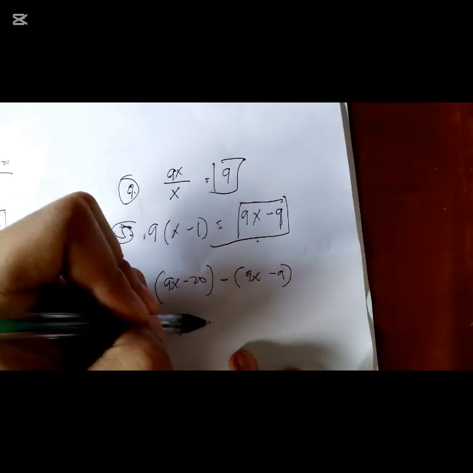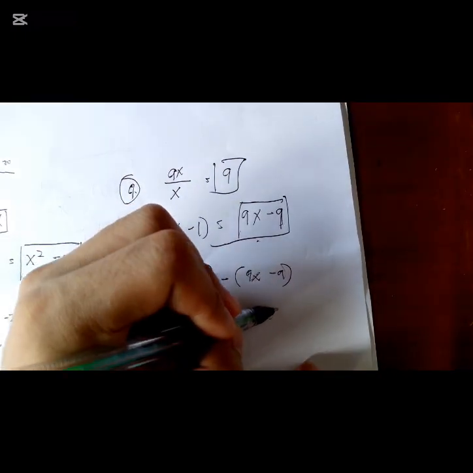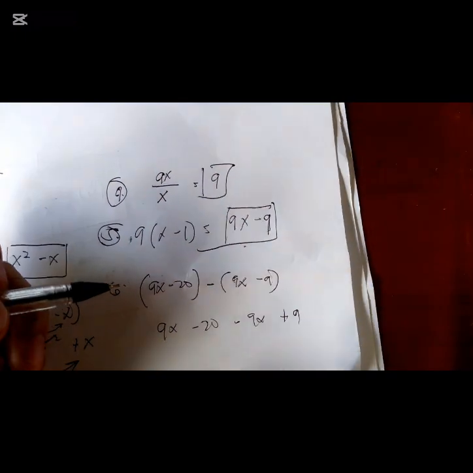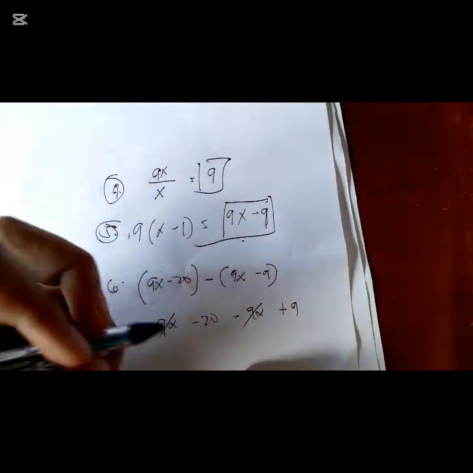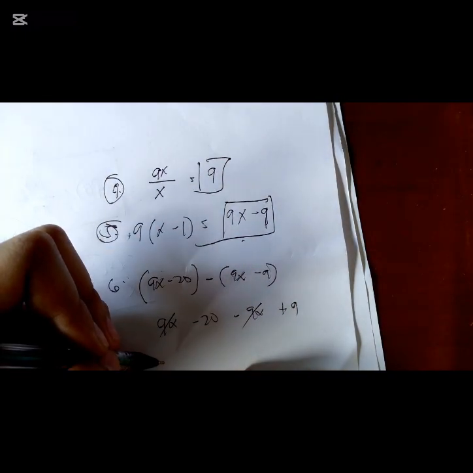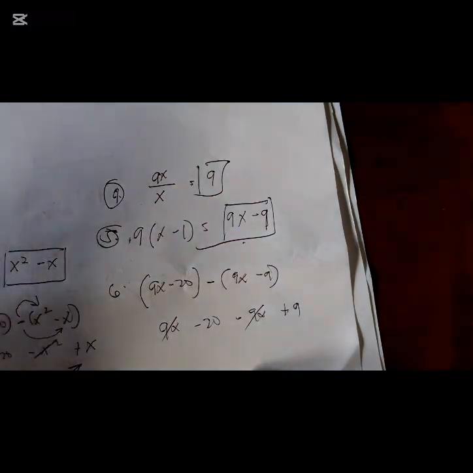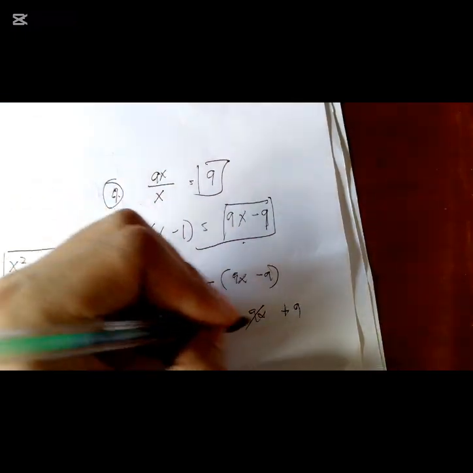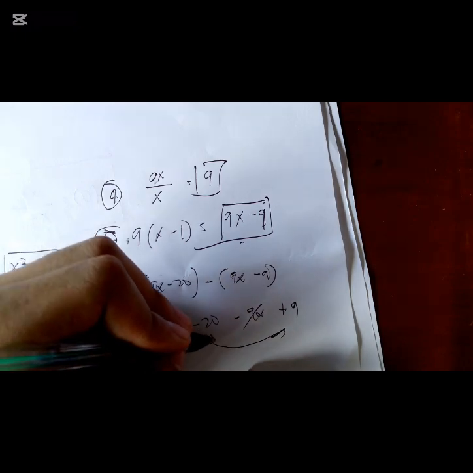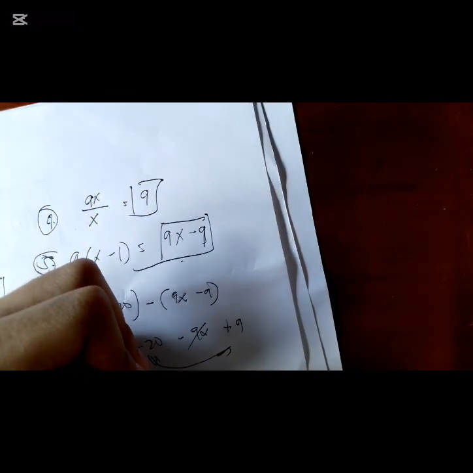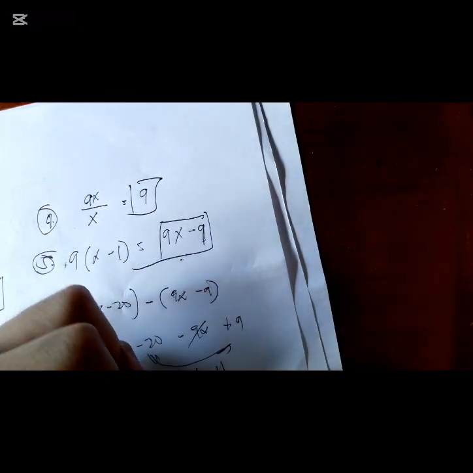So 9x minus 20 minus 9x plus 9, cancel the 9x. And subtract, therefore we get negative 11.